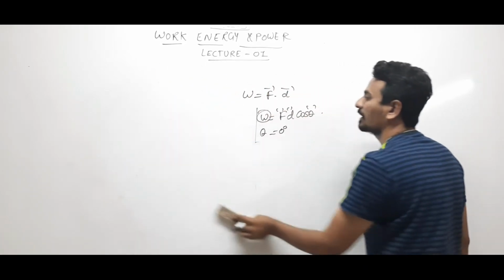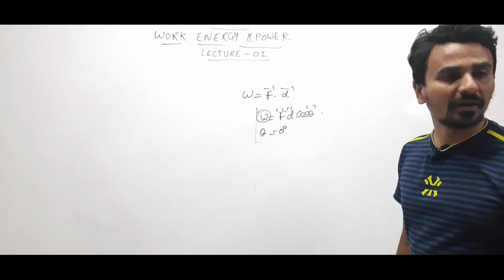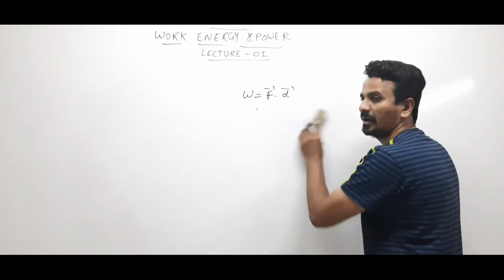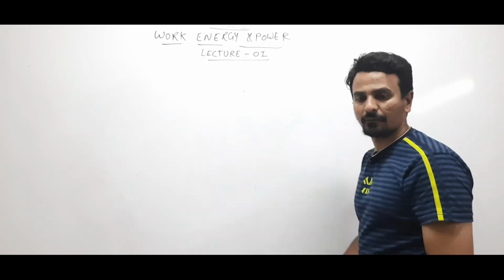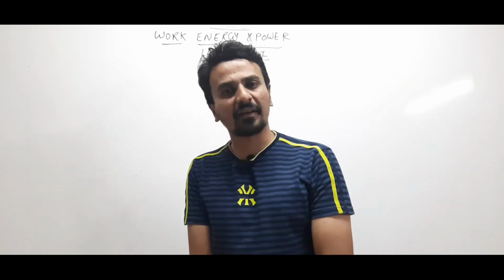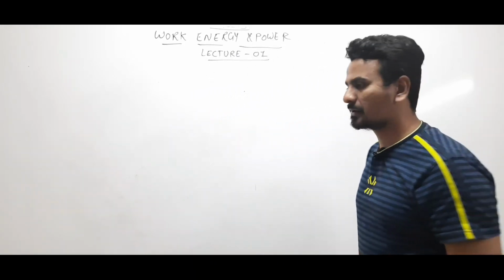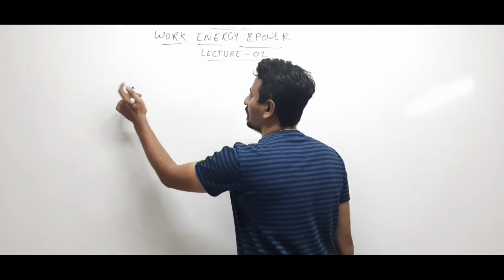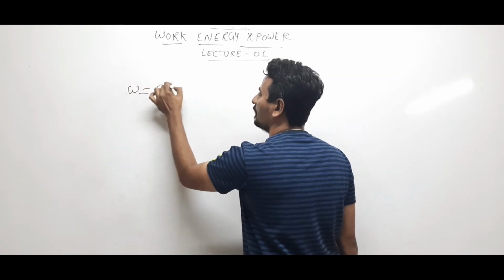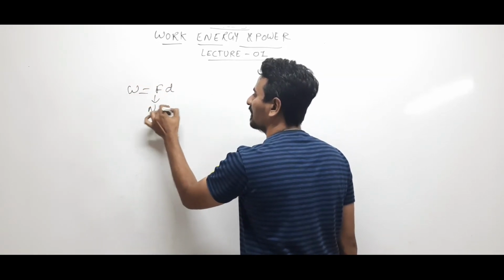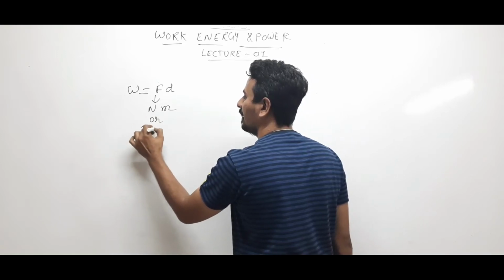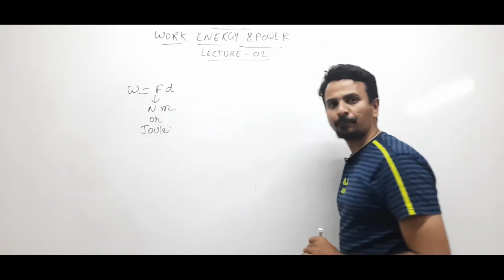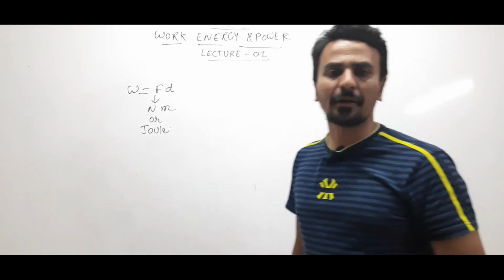Accordingly, work done can be positive, work done can be negative, work done can be 0, right? Work done is a scalar quantity, as it is the dot product of two vectors. What is the unit of work done? So work done is FD, so it is Newton, displacement is in meter, or you can say it as joule. So the unit of work done is Newton meter or joule.